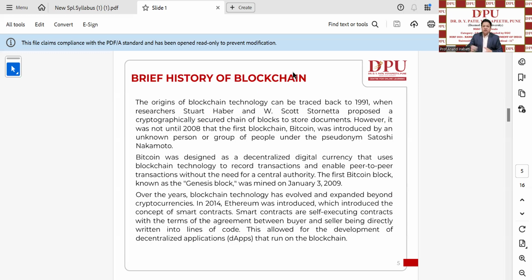Let's move on to the next concept of this session, that is, what is the history of blockchain, how blockchain has evolved.